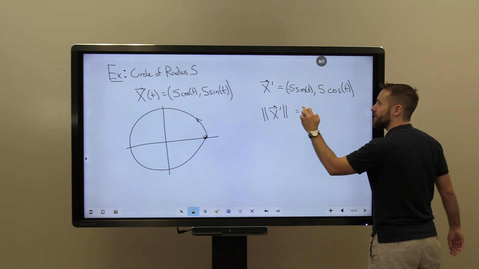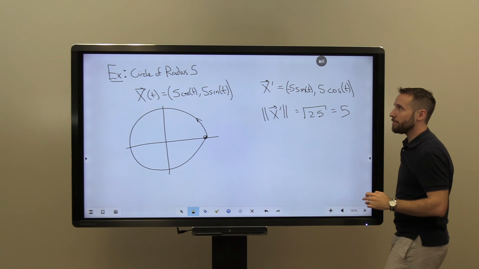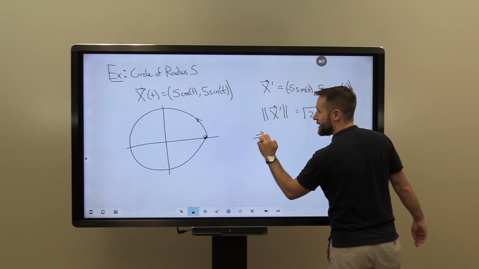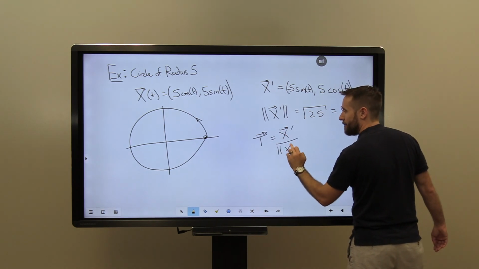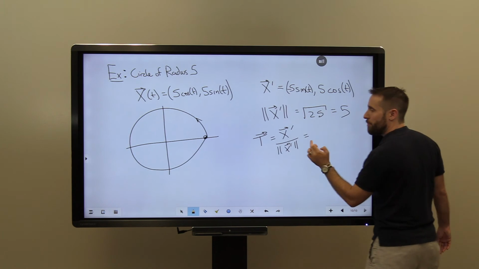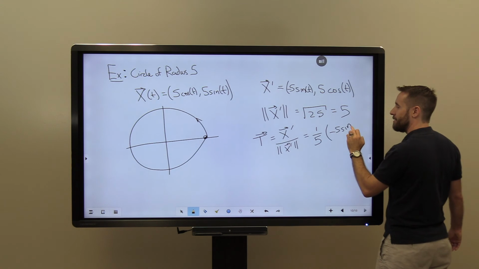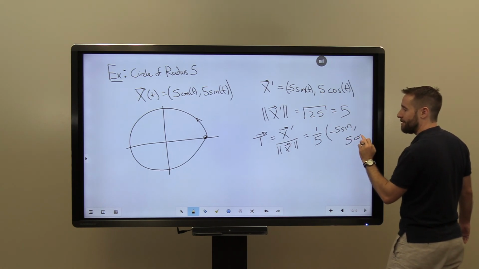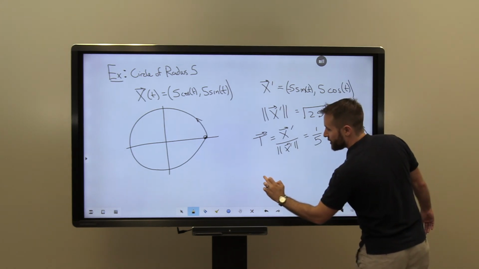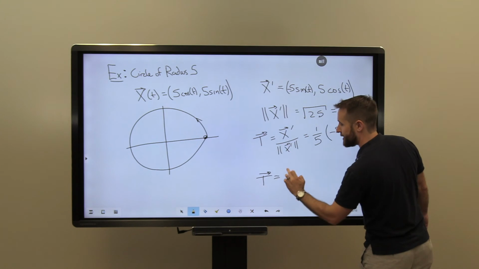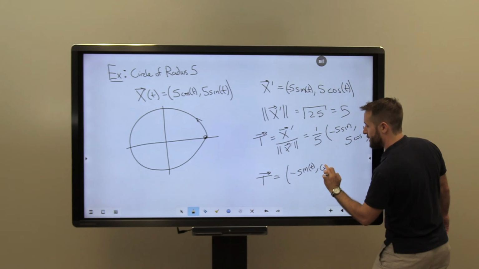We can crunch those numbers, and that will turn out to be the square root of 25, which is just 5. And so our unit tangent vector T, which is just x prime divided by the norm of x prime, will be 1/5 times negative 5 sine of t, 5 cosine of t. And of course we can combine this into a single expression, so written in the simplest form, we get T equals negative sine of t, comma cosine of t.